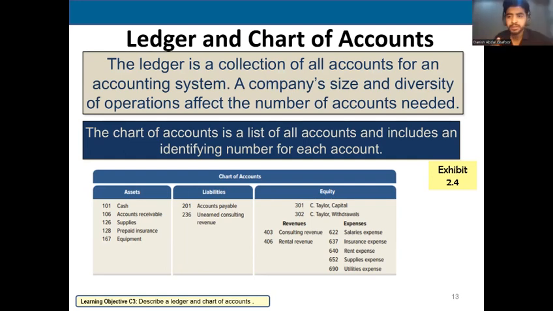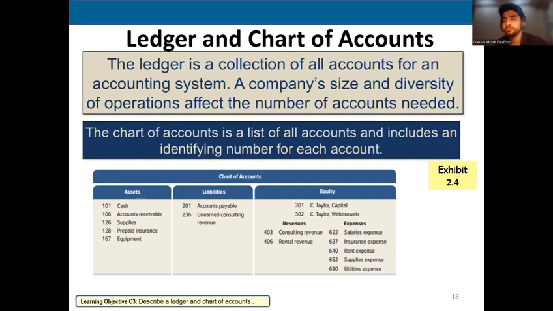The chart of accounts is a list of all accounts and includes an identifying number for each account. They have just segregated the account head names as per assets, liabilities, and equity. Cash, accounts receivable, supplies, prepaid insurance, equipment: these are all assets, and we have discussed all these things. Liabilities: accounts payable, unearned consulting revenue. And equity: Teller capital.